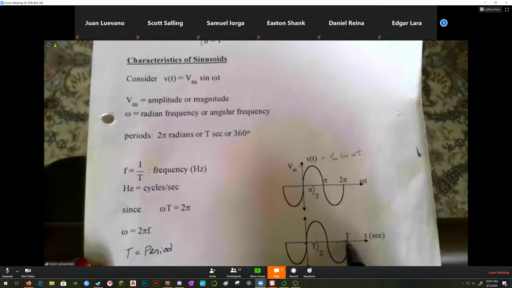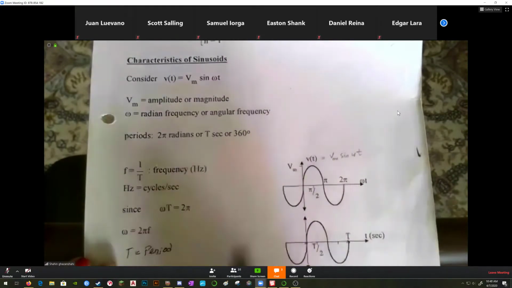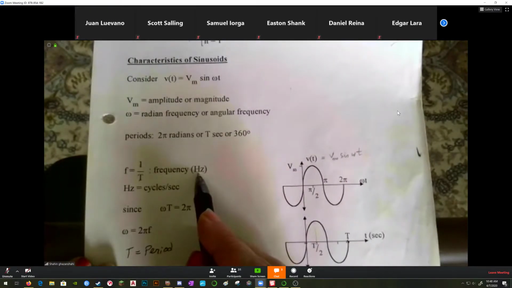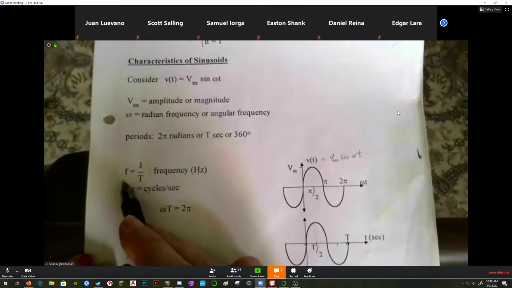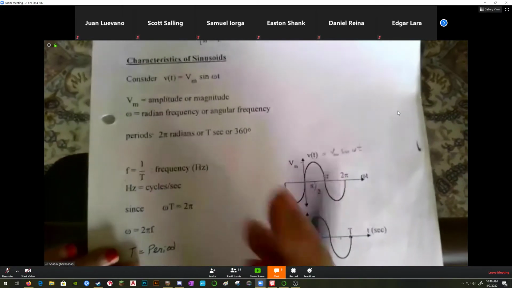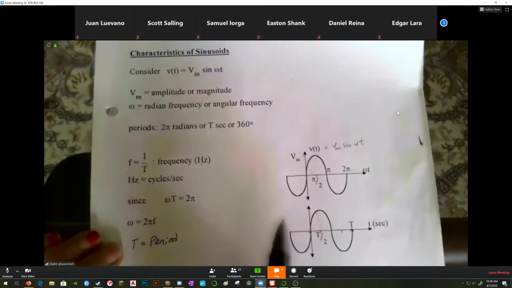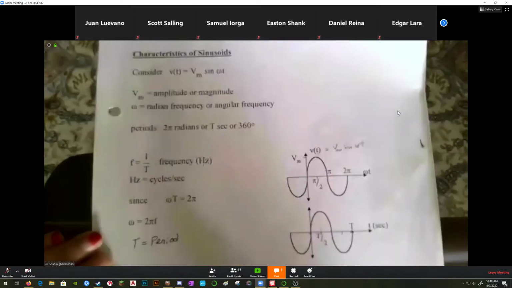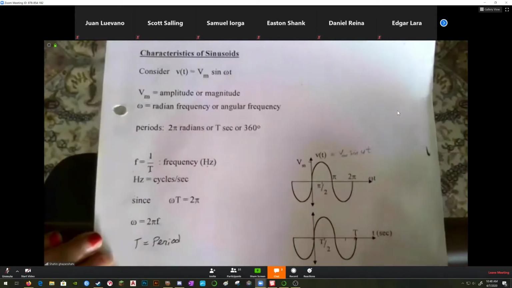The frequency here is 1 over T, and the unit is the hertz. What is the frequency? The number of cycles in 1 second, correct? So that's the review of that. You all hopefully know these things, correct?